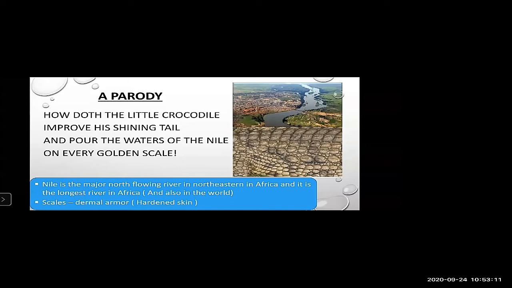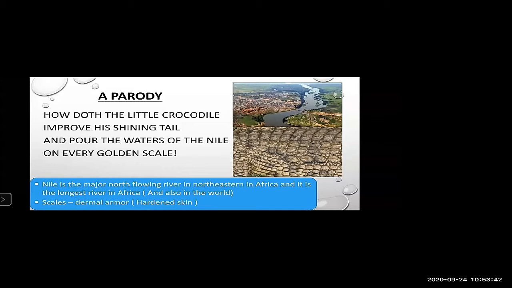Now what are golden scales? The scales are nothing but dermal armor or hardened skin. The upper layer of the skin becomes very hard and this forms a structure on the body of the creature. You can see in the second picture the scales on the body of the crocodile.